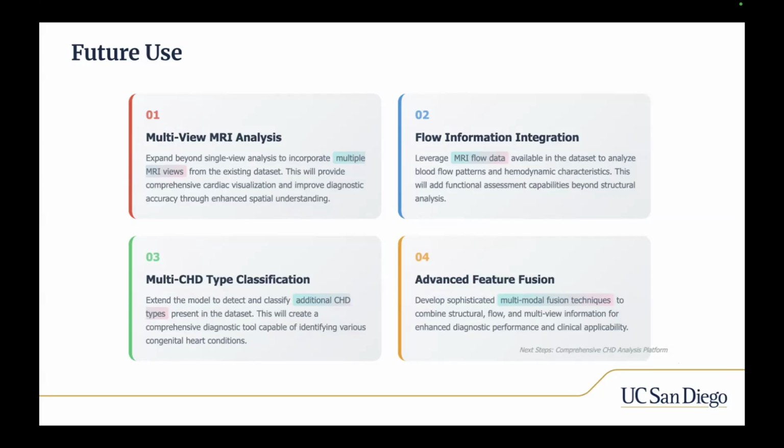So it would be good to potentially incorporate flow as a separate side model into this model in the future. But the first thing would be to get the multiple MRI views. I think that would be best before we head in that direction. But it definitely seemed like this data set was used for flow analysis. But yeah, that is our presentation.